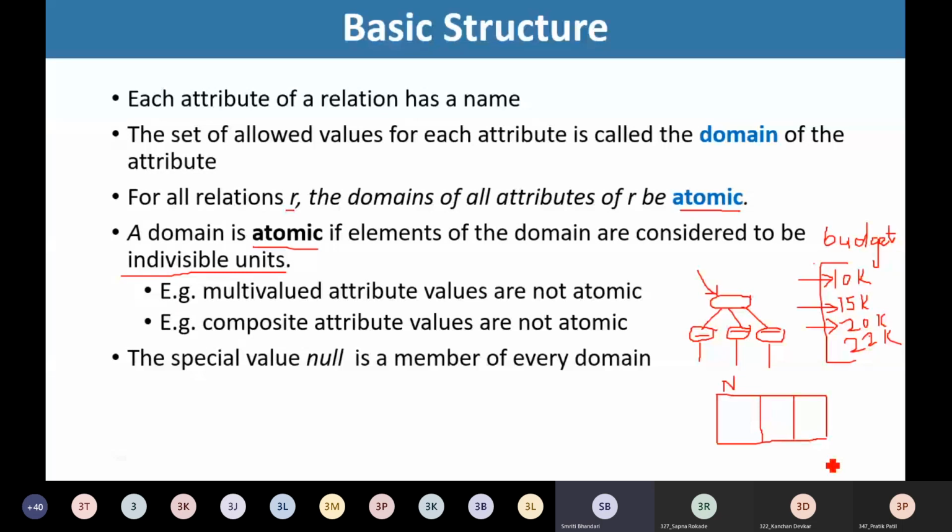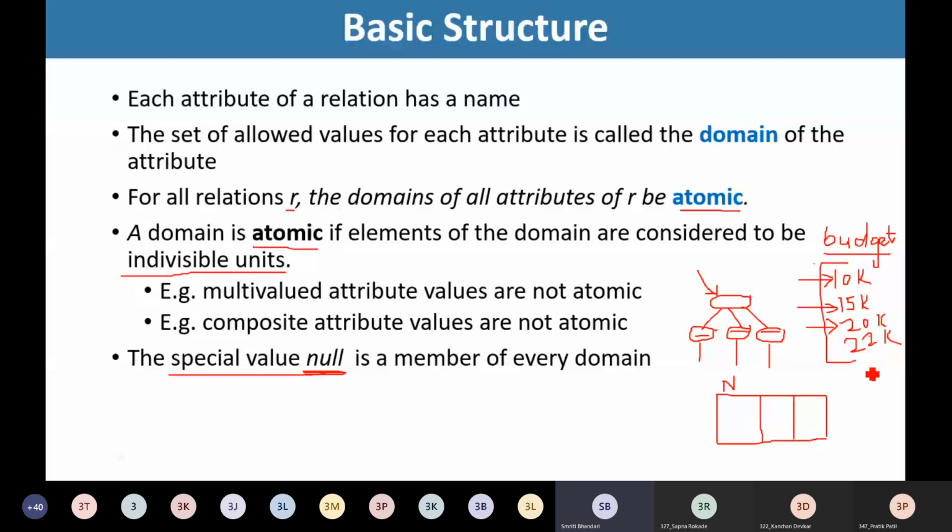Now, every domain has one special value, and that is null. Every domain has one special value which is a member of every domain, and that is the null value. For example, if I have budget as one of the attributes, then I have some permitted values for budget.